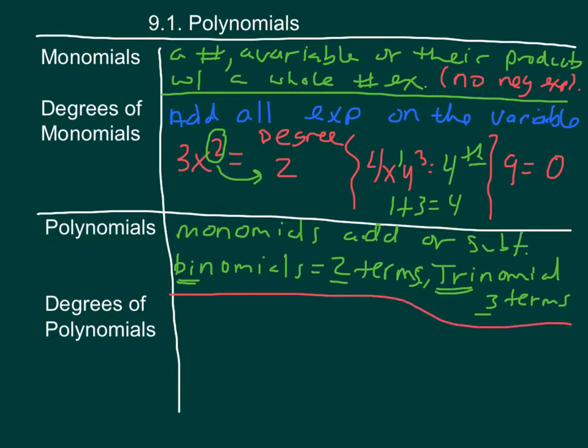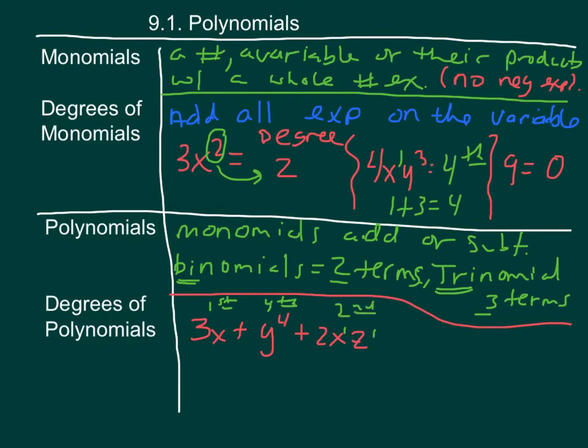Okay, now for degrees of polynomials, what we do is we look at the largest degree monomial, and that's the degree of the polynomial. So if I have this 3x plus y to the fourth plus 2xz, this one is a first degree, this one is a fourth degree, and that one is a second degree.